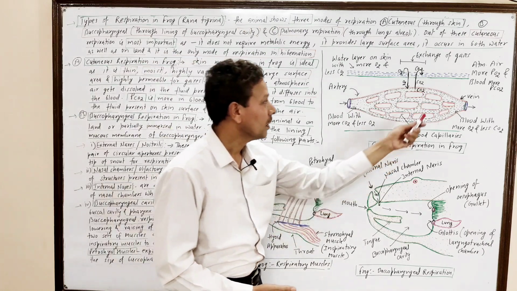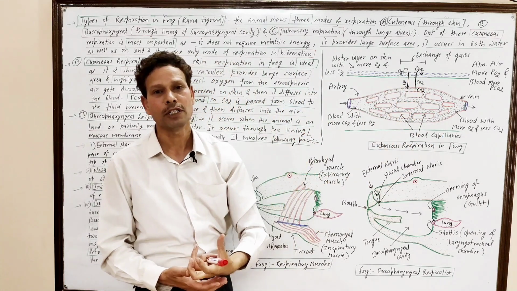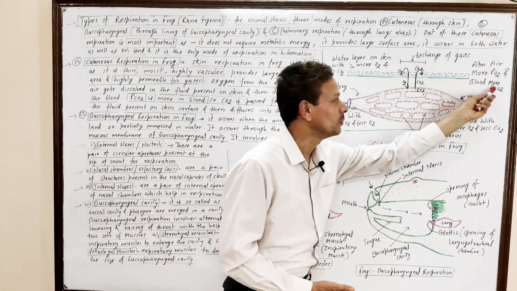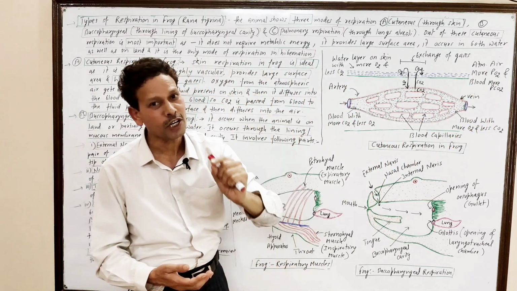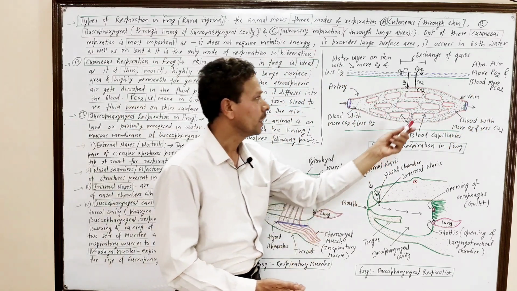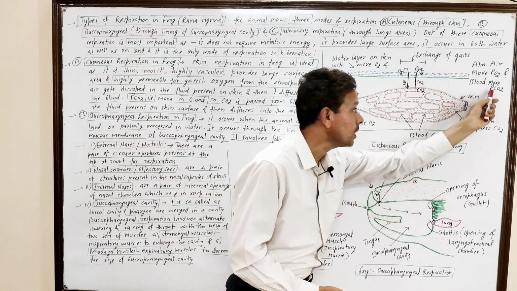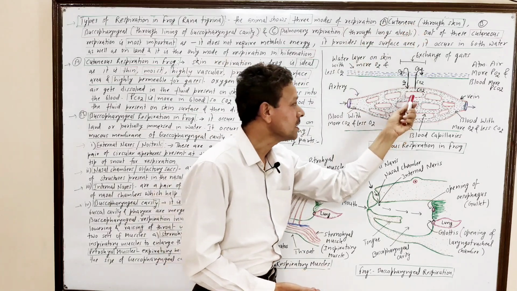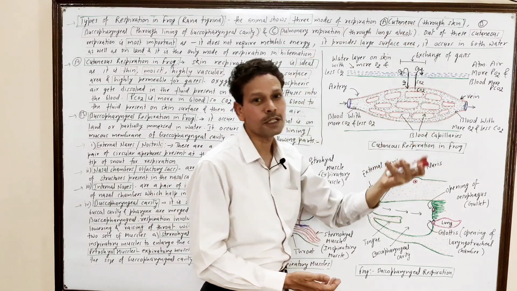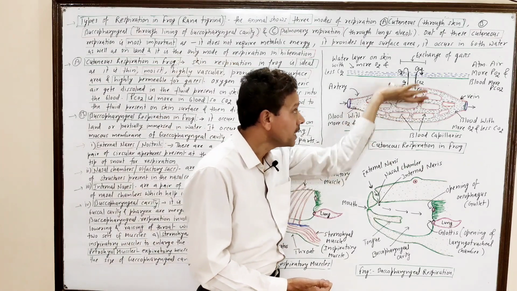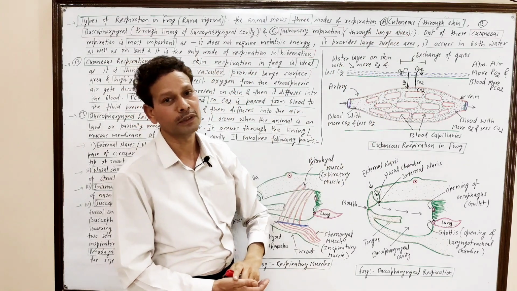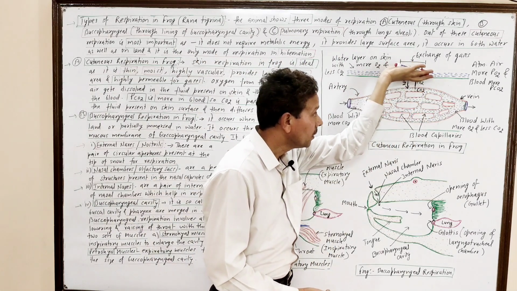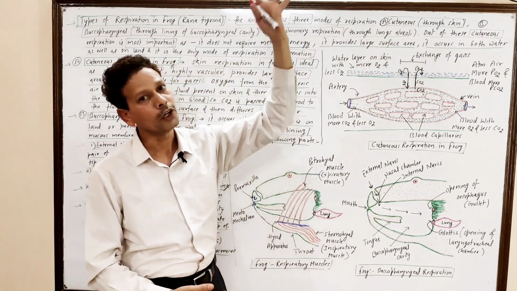And now in blood, due to high metabolism, there is more production of CO2, the PCO2. Dear students, note down, it is partial pressure of CO2. It means in blood the partial pressure of CO2 is high as compared to outside. So this CO2 present in blood gets diffused out into this fluid, and from this fluid the CO2 diffuses into the atmosphere.